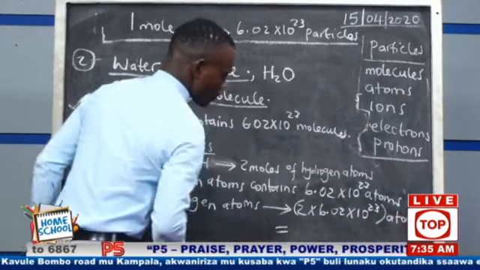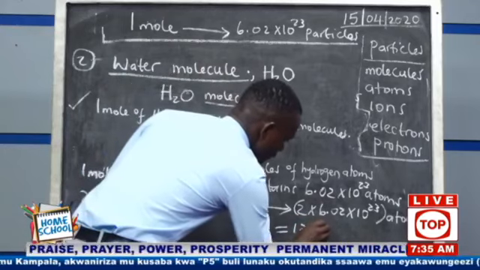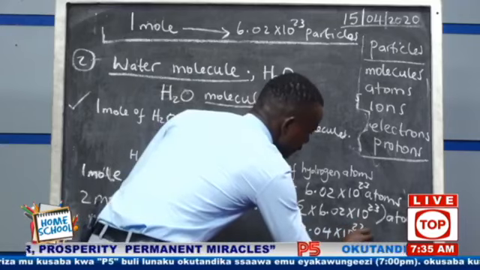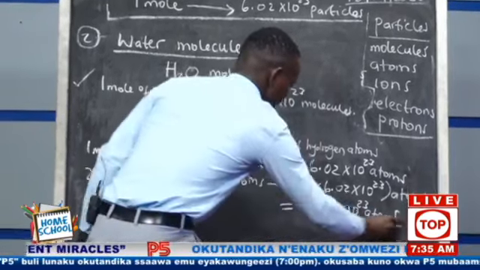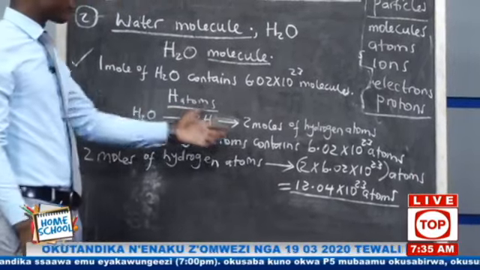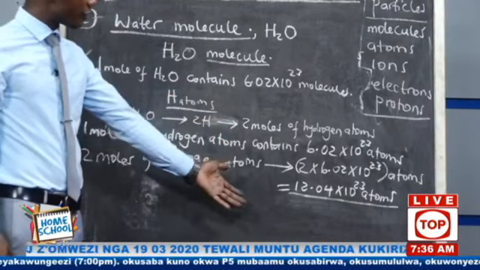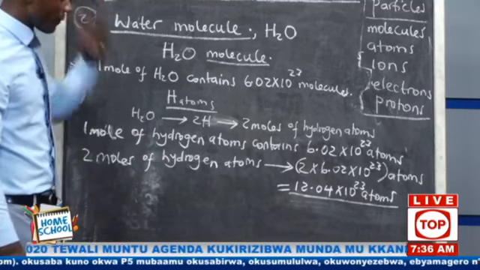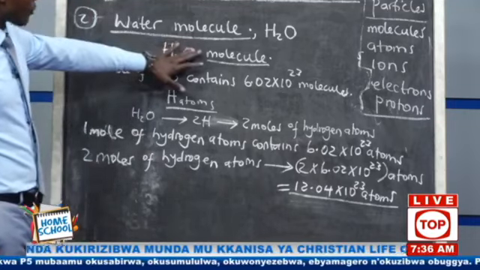Then we'll be able to get 12.04 times 10 power 23 atoms there. Okay? That means hydrogen atoms, we have the hydrogen particles, we have 12.04 times 10 power 23 atoms. Okay? Remember we said you have to calculate every atom which is there.